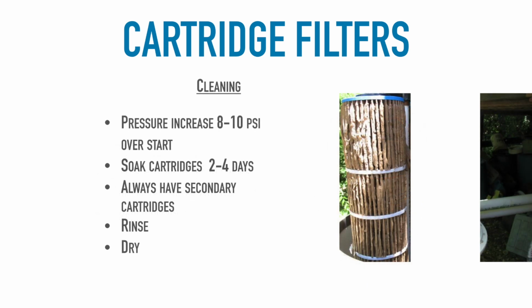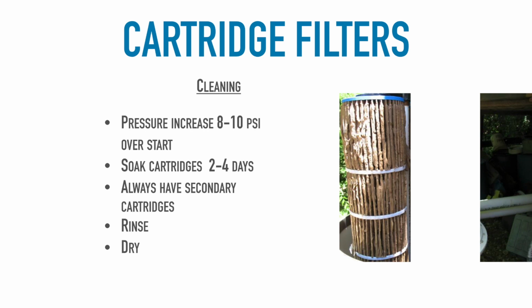Now, as you can see, our photo here is a little chopped for some reason. When our pressure increases 8 to 10 psi over start, we're going to pull that filter out. There's usually a few of those cartridges inside there. We pull them out and get them inside some sort of holding tank, like a trash can that's used just for cleaning.